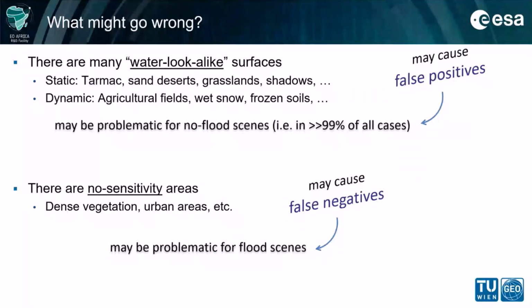There are also dynamic phenomena: for example, if there's a freezing event and the whole land surface freezes, that pushes backscatter down to very low levels. We can also have snow on the surface that becomes wet, which also leads to very low backscatter. Such scenarios lead to false positives, which can of course be problematic, particularly for the no-flooding scenes.